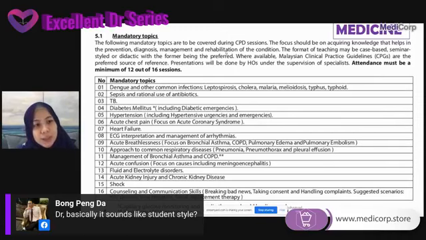And when you are a houseman, you need to be specific with your management. For example, you cannot simply say the treatment is antibiotic. You need to mention which antibiotic you want to use, what are the dose and the duration of the antibiotics. Okay. Same goes if it's about diabetic emergency.